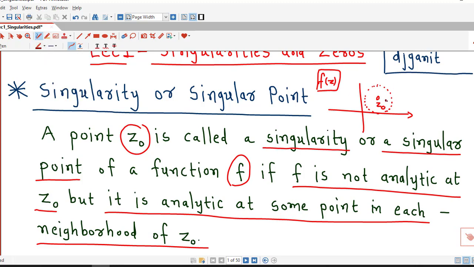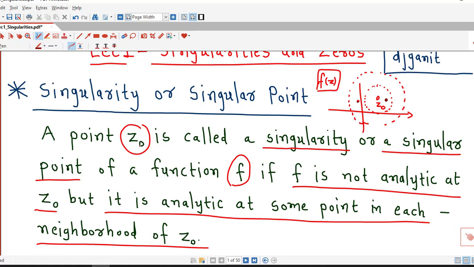Suppose I consider this point, and the function is analytic at this point which is inside the neighborhood of z0, then this z0 is called a singular point. Now if I consider another neighborhood of z0, then also I must have at least one point in that neighborhood such that the function is analytic at that point.